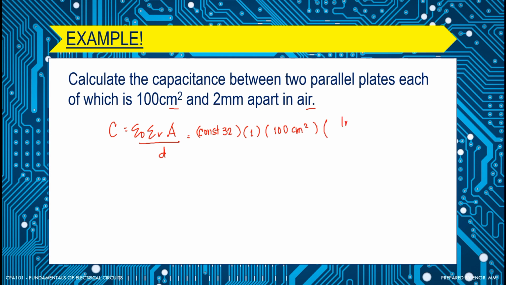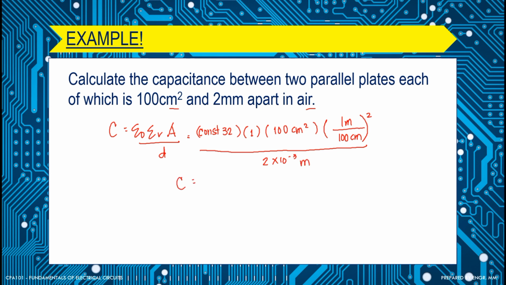So 1 meter is equal to 100 centimeter, and since it is in square cm, let's square this one. So the centimeter square will be cancelled. Then our distance D is equal to 2 millimeter, that is 2 times 10 to the negative 3 meter.